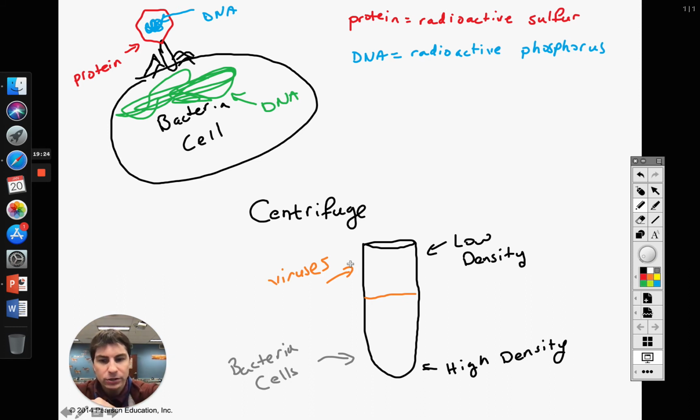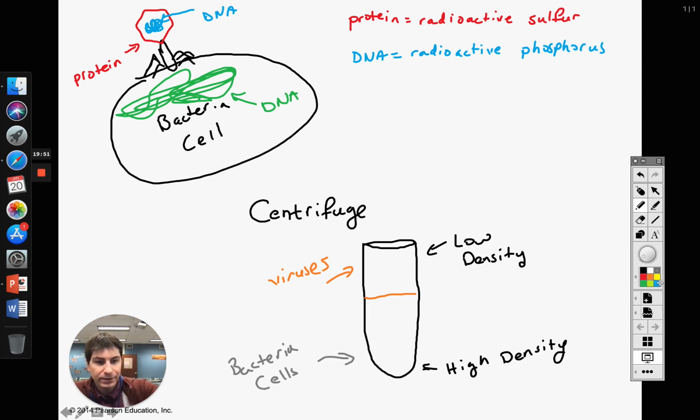But what we are concerned about is the bacteria cells. We're concerned with which one of our radioactive isotopes, sulfur or phosphorus, went into the bacterial cells. So what we want to do is we're going to look down here. And we want to see if we're going to see some red for the protein, because the sulfur was dyed red for the radioactive isotope, or are we going to see phosphorus for the DNA?